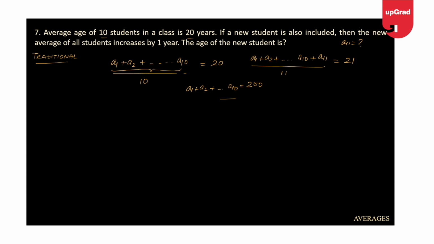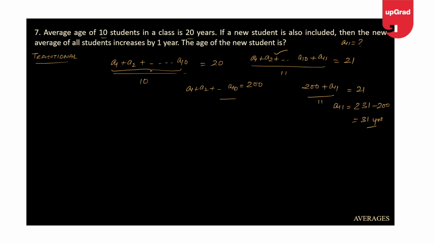We put this value in this equation, so it becomes (200 plus A11) divided by 11 is equal to 21, and therefore my 11th student will have the age of 21 multiplied by 11 gives me 231 minus 200, and therefore my answer here is 31 years. Now, how long is this method? If I'm going to use this method for a concept of averages in competitive exams, it is not going to fetch me a good result. The outcome would be the answer only, but I'll not get selected.